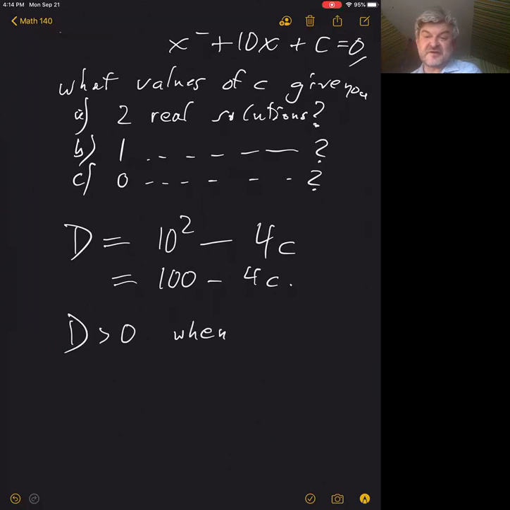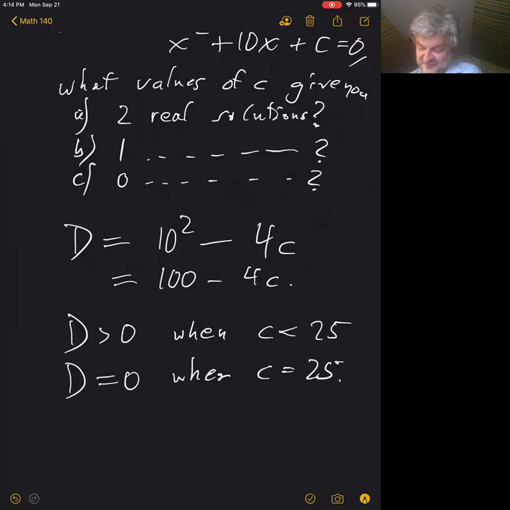It's positive if c is less than 25. It's equal to 0 and c is equal to 25, right? You solve 0 is 100 minus 4c, solve it for c, get that 25.